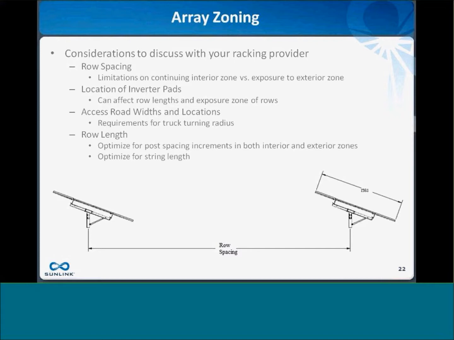It's also important to look at your overall row length, because you want to optimize for your post spacing increments in your various zones if you have different post spacings.